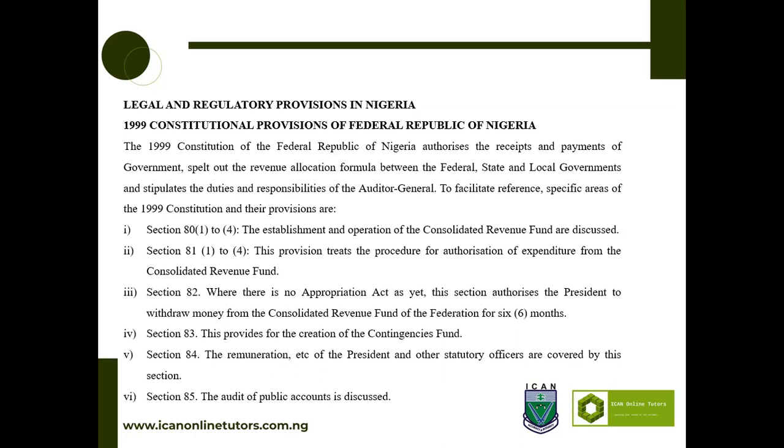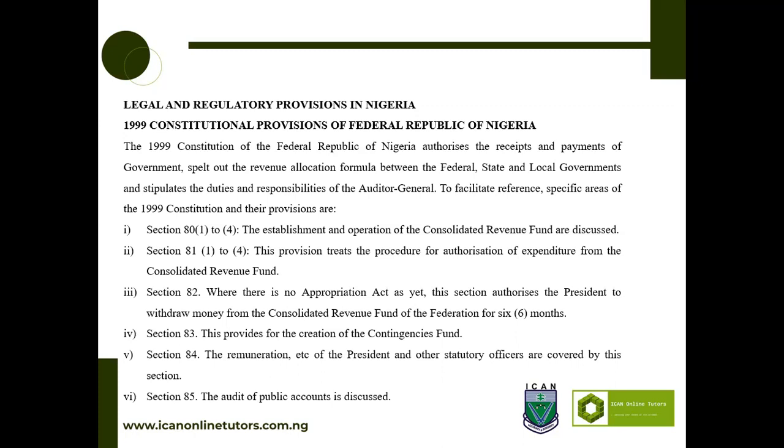This will be fully discussed when we treat sources of government revenue and preparation of federation accounts. Section 81, subsections 1 to 4, these provisions treat the procedure for authorization of expenditure from the Consolidated Revenue Fund.